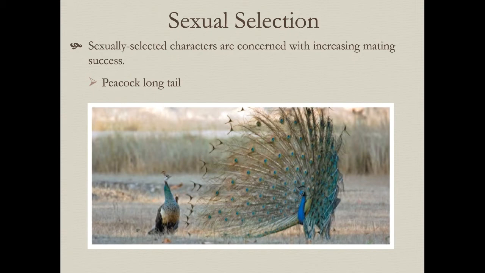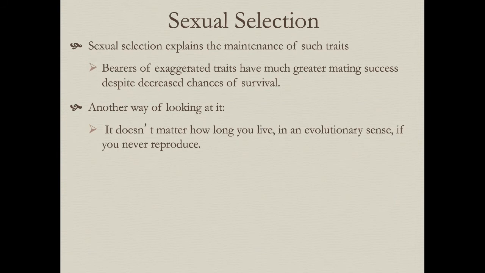So what we'll find is that males with the more complex trains, these very impressive displays, have greater mating success. And so that is the aspect of fitness that they're increasing. And that's actually the most important aspect of fitness. It doesn't do any good to survive if you don't pass on those genes. So sexual selection explains how a costly trait that may cost you survival for a period of time, it may reduce the time that you live, if you have much higher mating success during this shortened lifetime, that's the only thing that matters.